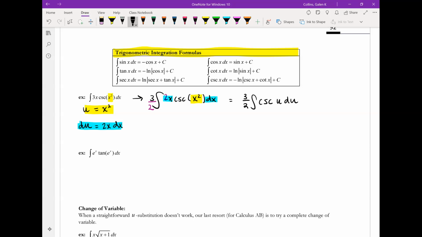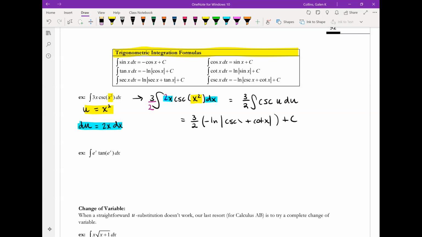And so our cosecant rule, we said we could do a very long substitution to derive it, or we could just memorize it, that the antiderivative is -1 times the natural log of the absolute value of the cosecant of x plus the cotangent of x, and then all of that plus our constant of integration.